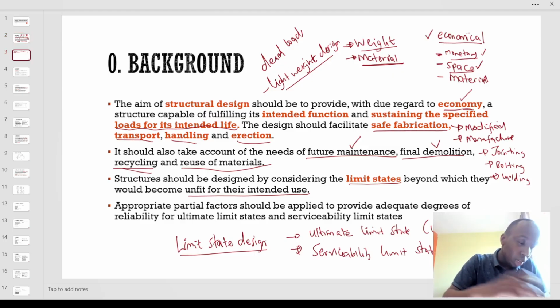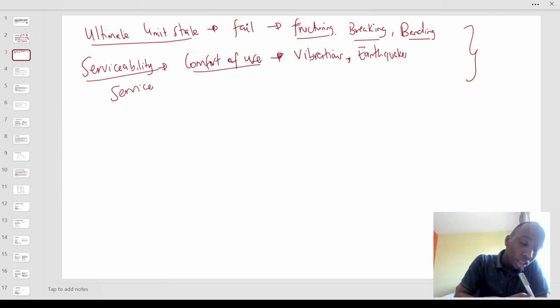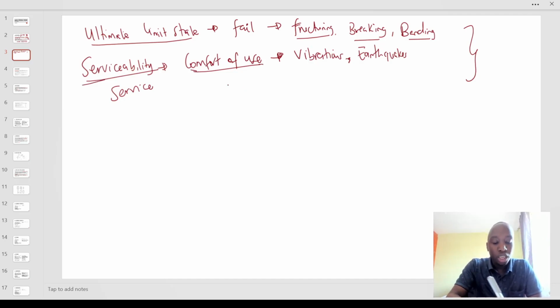So I'm saying when you talk of serviceability, we are talking about the comfort of use, because limit state talks about a particular state beyond which a design or a structure will fracture, break, bend, fail. Generally, will fail.